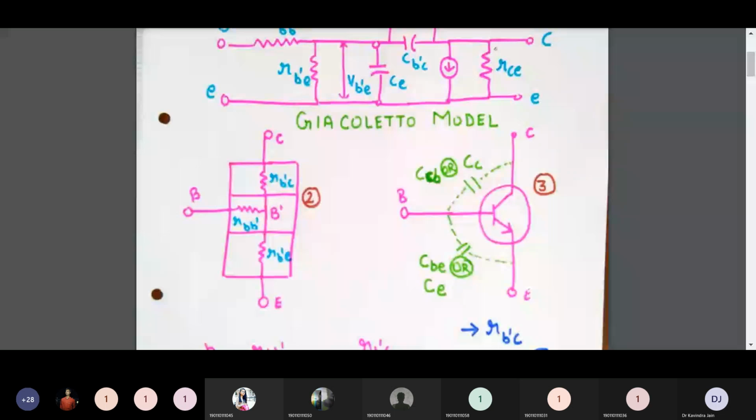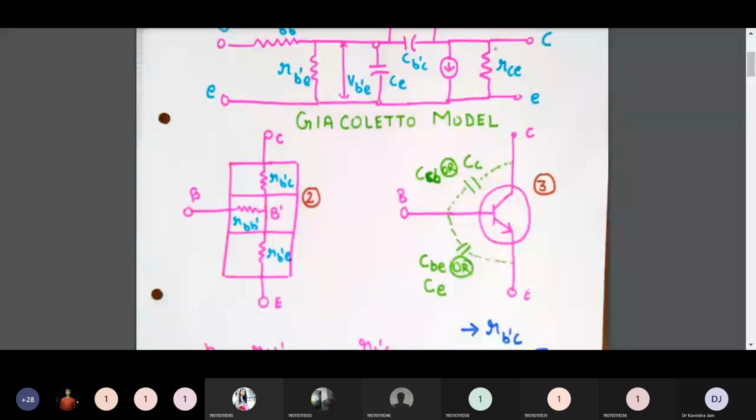Sir, can you repeat? Not the first one, the second one. I will repeat the whole point, please see. When a PN junction diode is forward biased, a capacitive effect is established, which is known as diffusion capacitance.